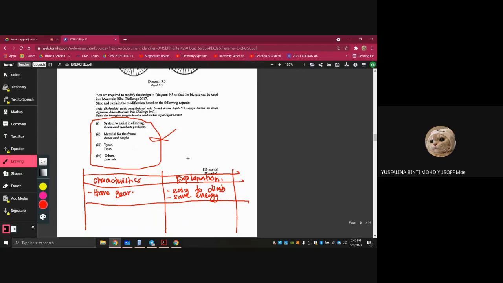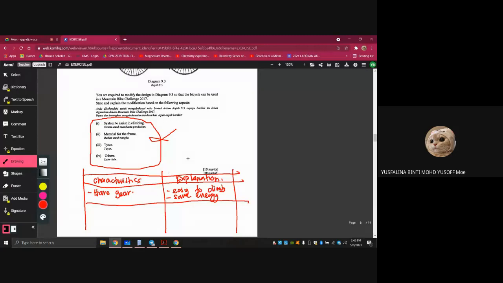Put the characteristic of the material that you choose. Let's say if I choose steel, why do I choose steel? Because it doesn't easily rust. So you put the characteristic of the material that you choose in the table here.